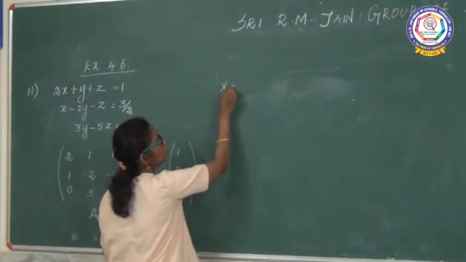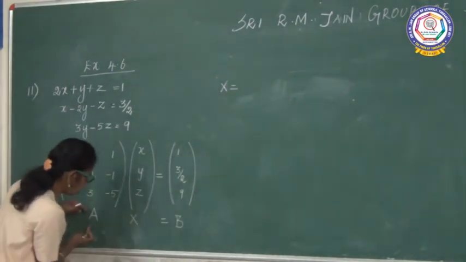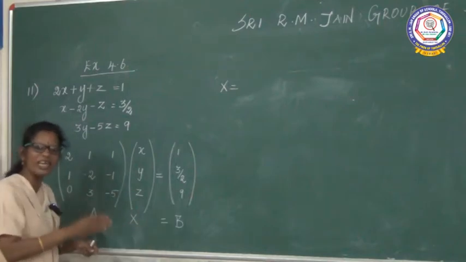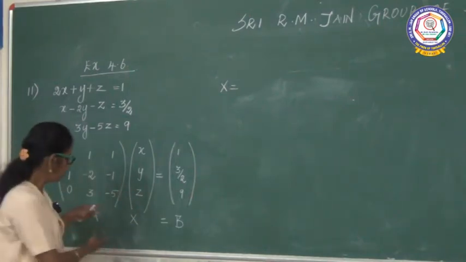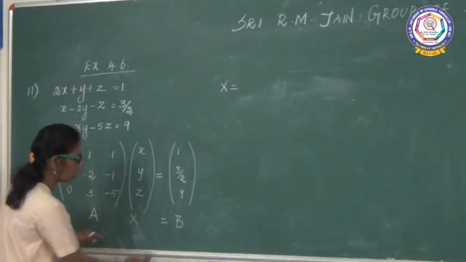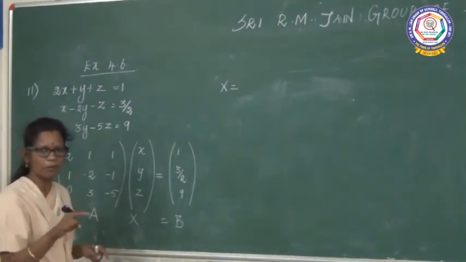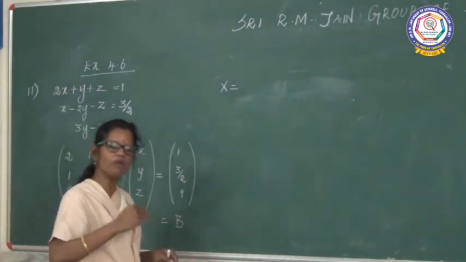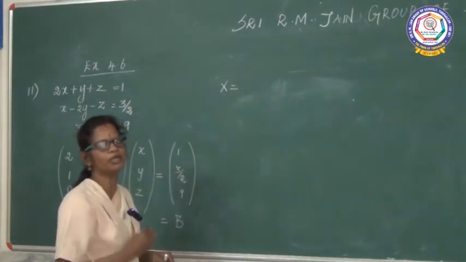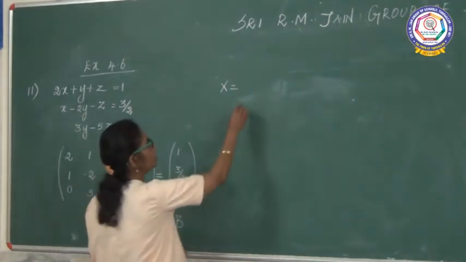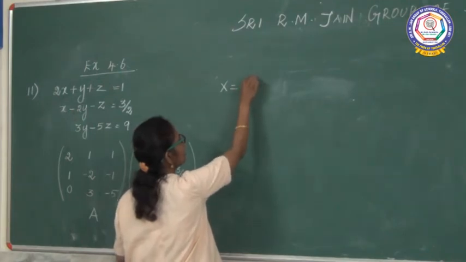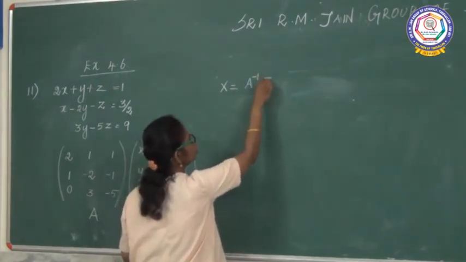X is equal to, when you shift A to this side, you have to place it in the first position. It becomes 1 by A, which written in terms of a numerator means A power minus 1. That we call A inverse into B.